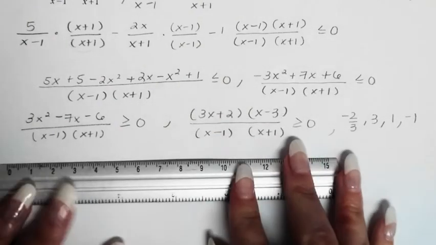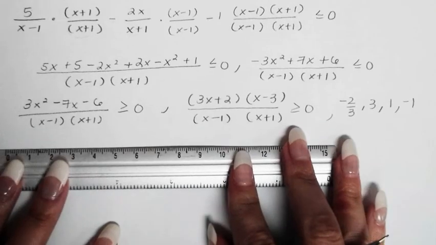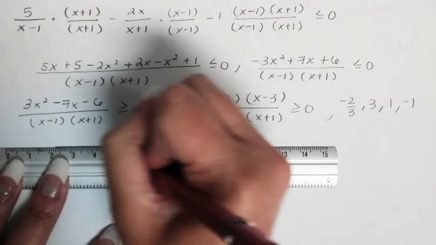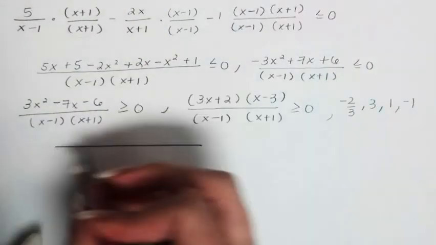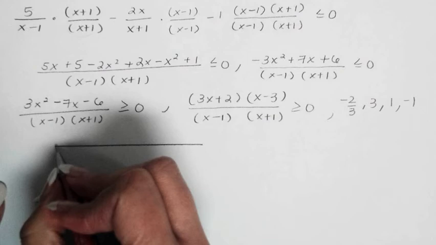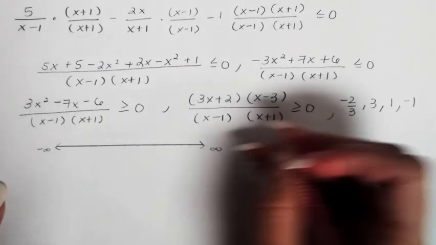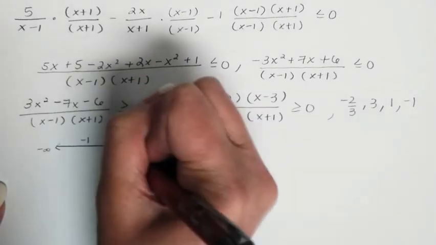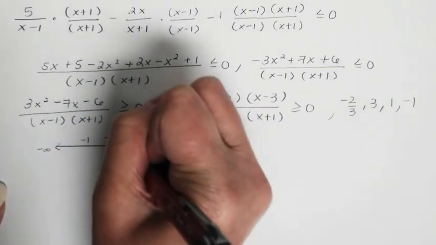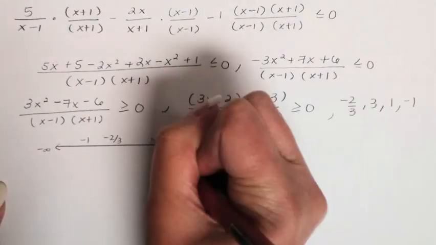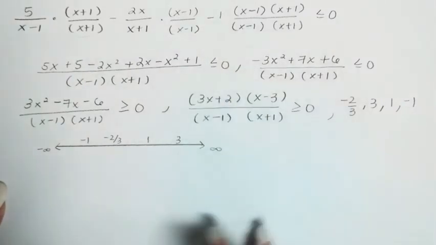Then you know what I'm about to do: I'm going to draw my number line. So you have from negative infinity to positive infinity, and we're going to use all these numbers. The smallest that I have is negative 1. After that I have negative 2 over 3. After that I have the 1, and then I have the 3.